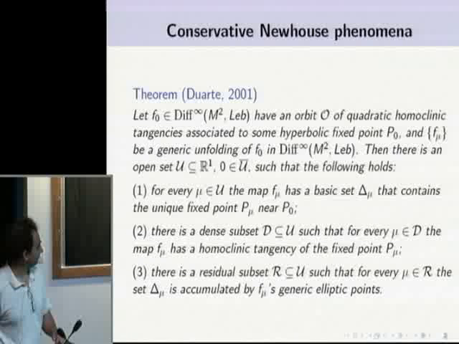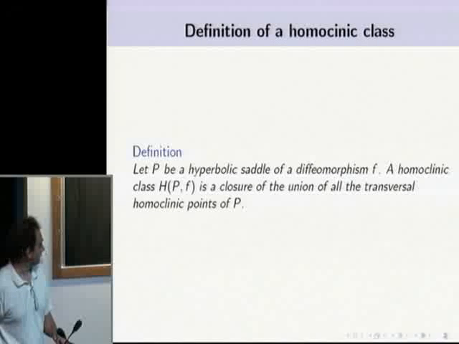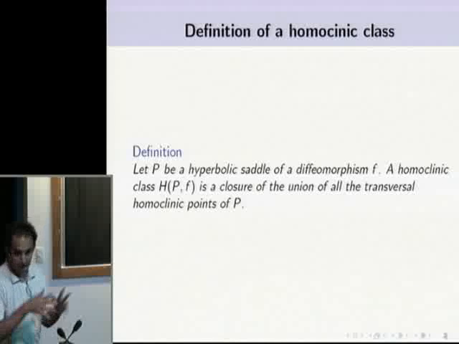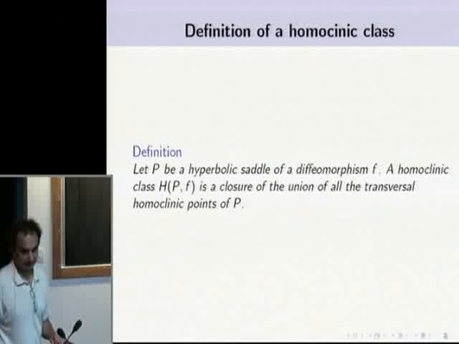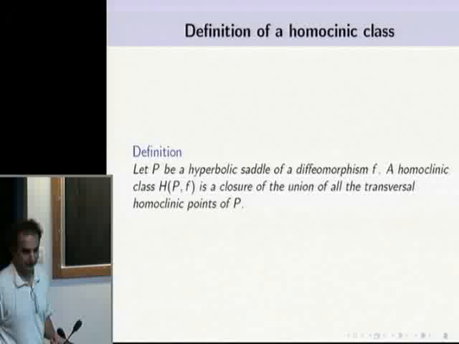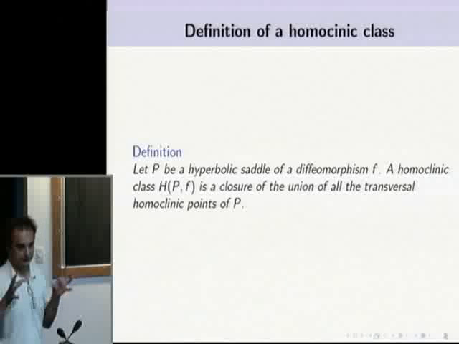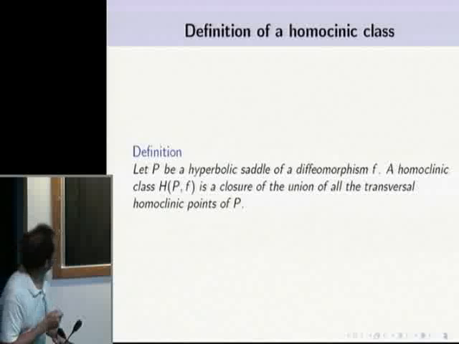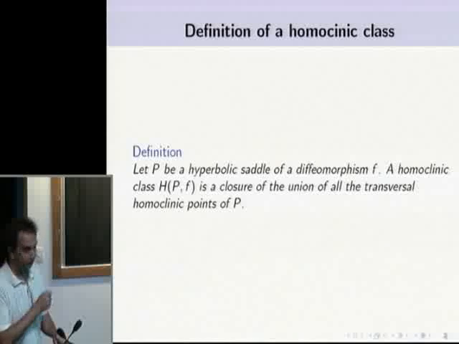And it turns out that the notion of a homoclinic class is handy here. So let's take all the basic sets that satisfy this property. Let's take the union of all of those basic sets, and let's take the closure of that union. That will be the smallest closed set that contains all the horseshoes that contain a given saddle. Well, I guess here I formulated a different definition, but those two definitions are equivalent.